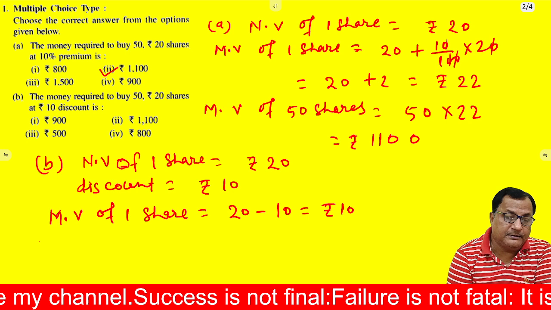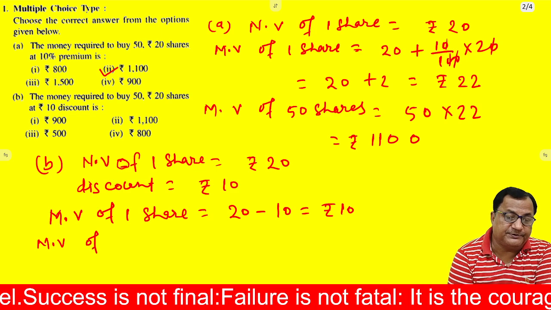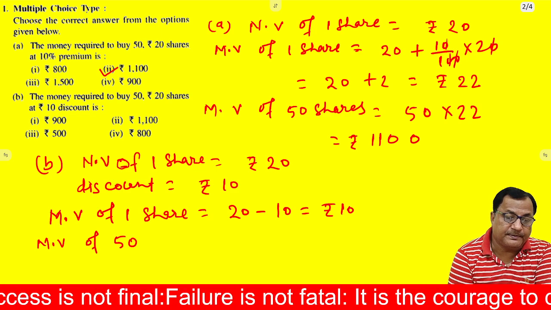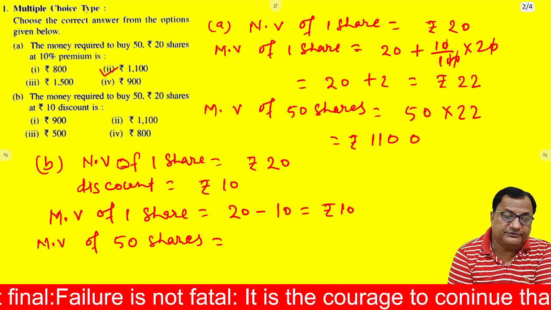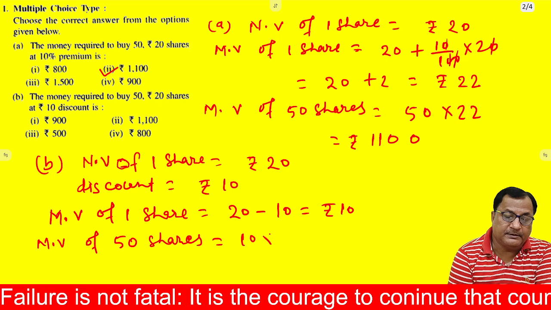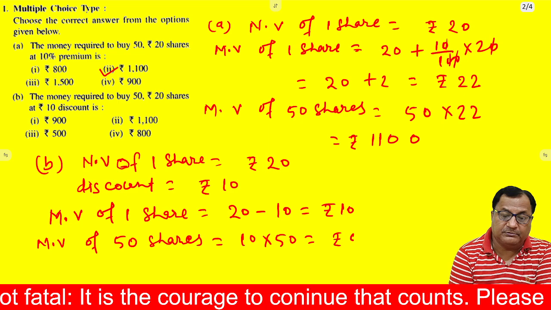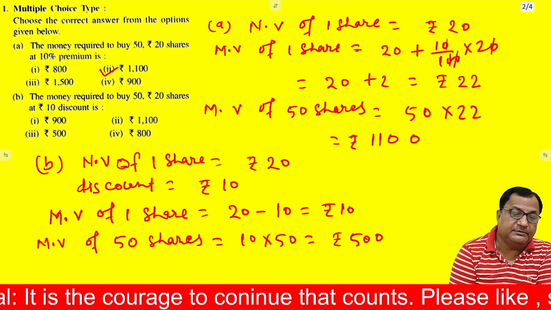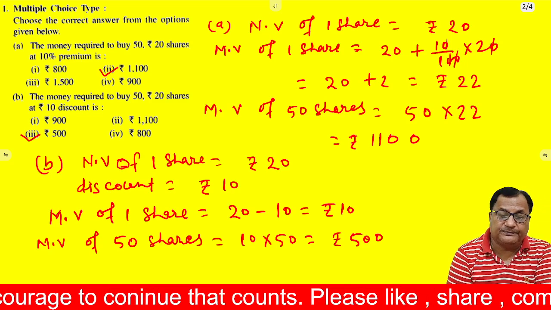So the market value of 50 shares is equal to 10 multiplied by 50, which is equal to rupees 500. So this option is right.